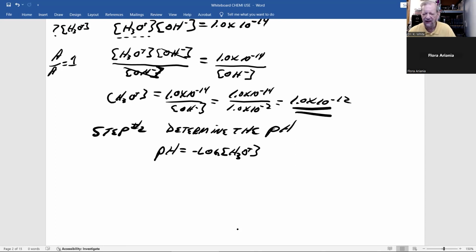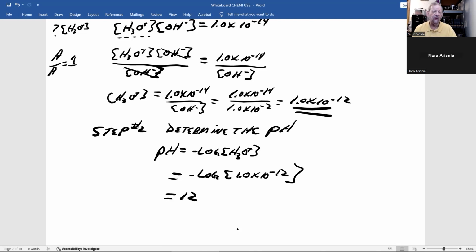We just calculated it right up here, so I'll put it in. And when pH is equal to minus the log of 1.0 times 10 to the minus x, the pH is x, and therefore this is 12.